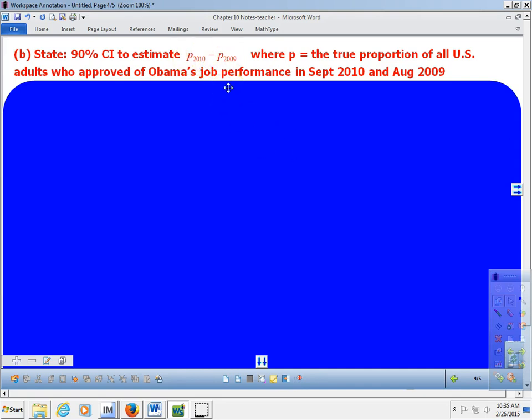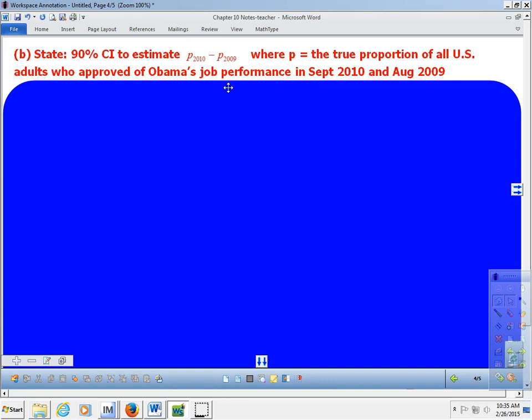And you need to define the difference. We're going to estimate the proportion in 2010 that approved minus the proportion of 2009. So we want to know the difference in the approval rating. And we can define it as the approval rating in 2010 minus the one in 2009. You can switch those if you'd like, as long as you understand what your confidence interval is telling you. The order does not matter.